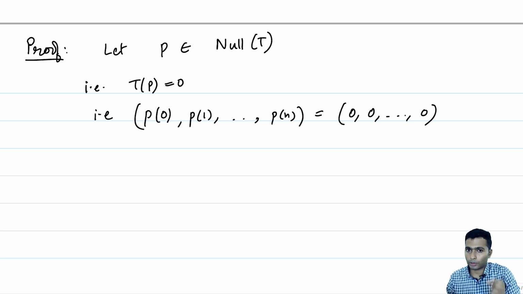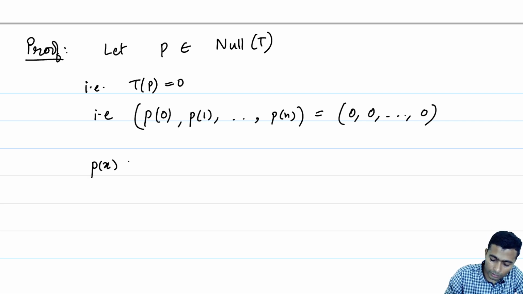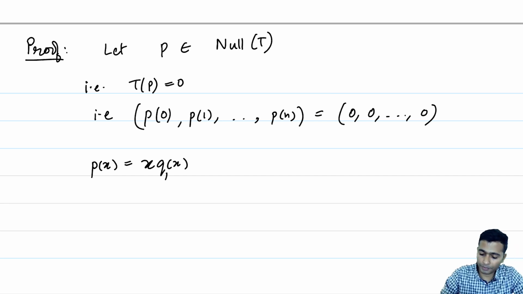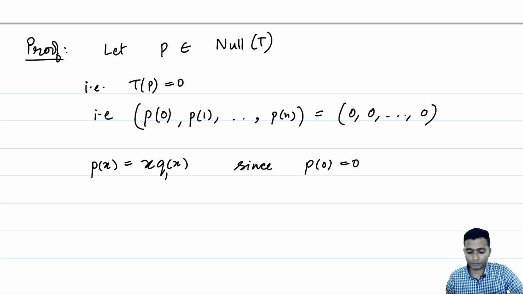But P is a polynomial, and by the factorization property, we know that because P of 0 is 0, P of x is equal to x times Q of x, or rather let me write it as Q1 of x. Since P of 0 is equal to 0.